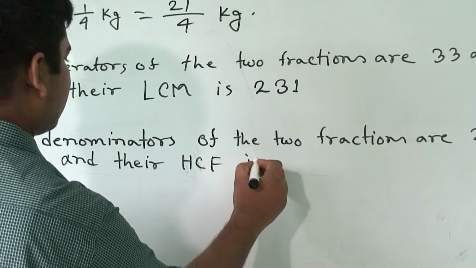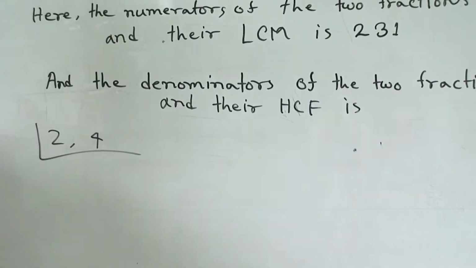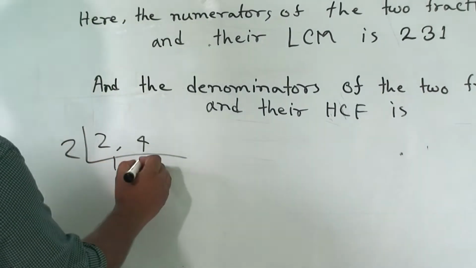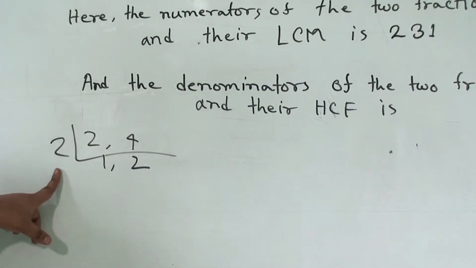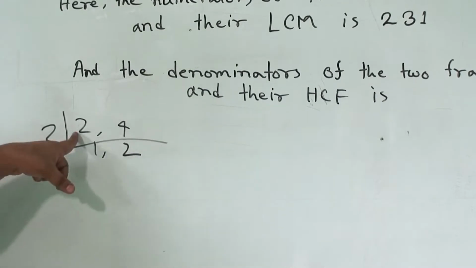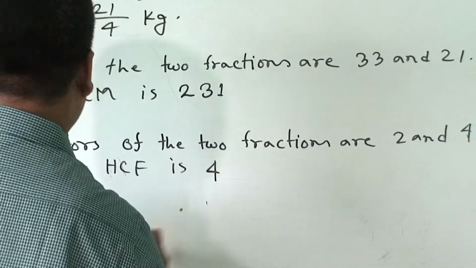Notice 2, 4. Dear students, both numbers are divisible by 2. 2 ones are 2, 2 twos are 4. So 2 is the only common divisor of 2 and 4. For this reason 2 is the HCF of 2 and 4.